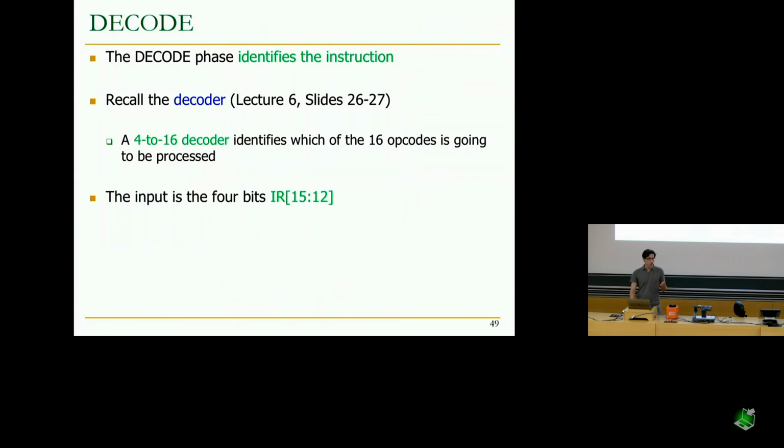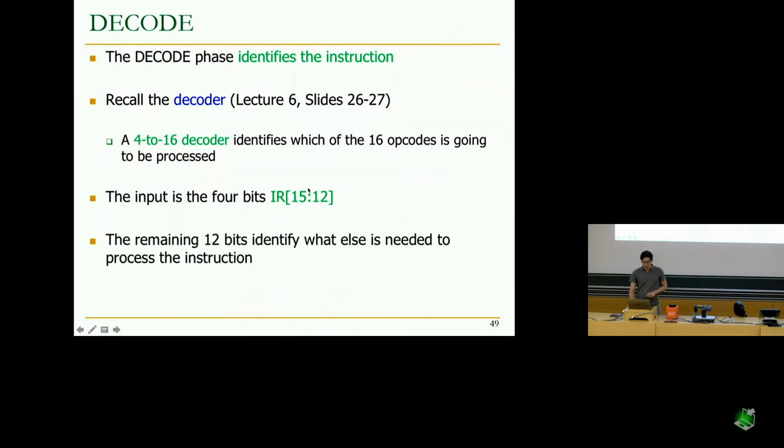So this operation code is the most significant bits of the instruction, which are bits 15 to 12 of the IR. The remaining 12 bits might have different uses depending on the instruction, but that's something you have already seen if you compare add with load word, and you will see more details about this next.